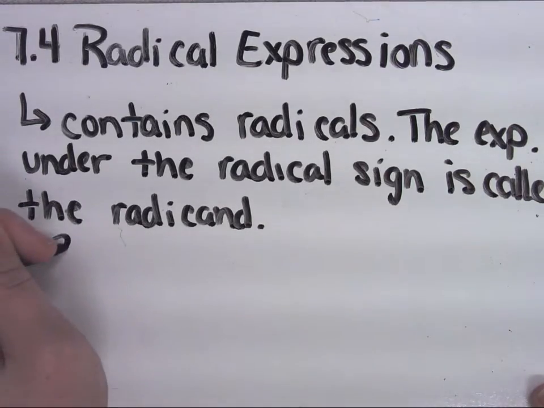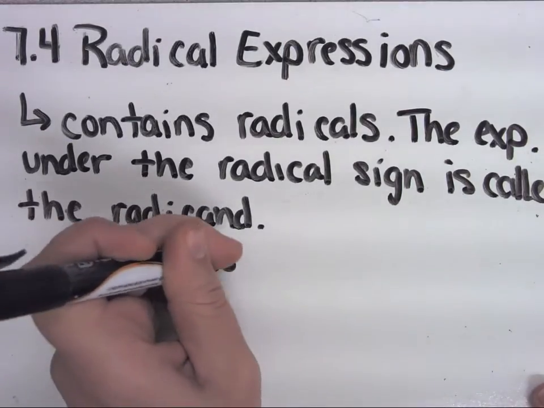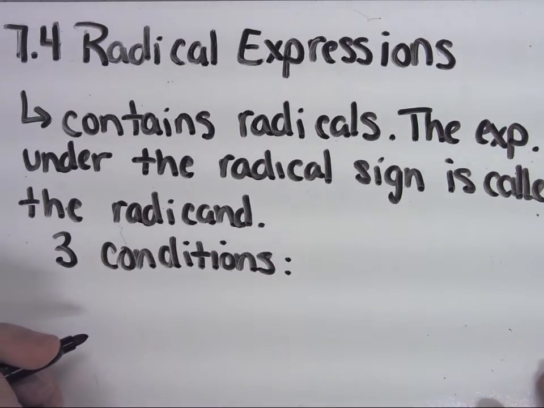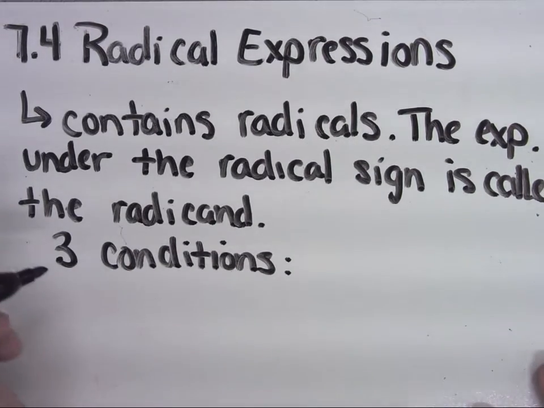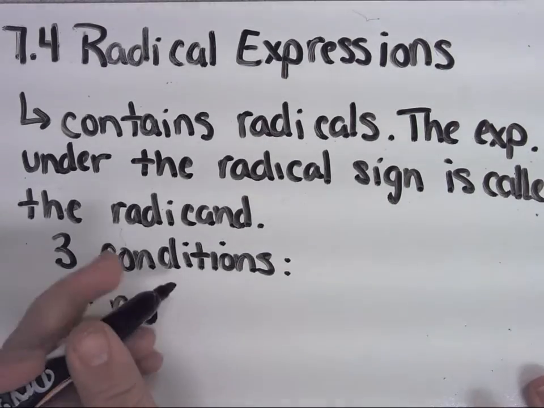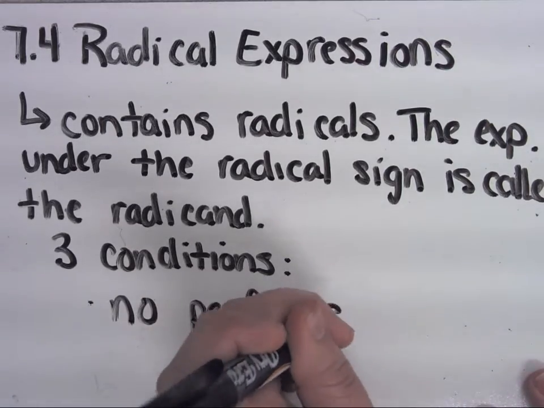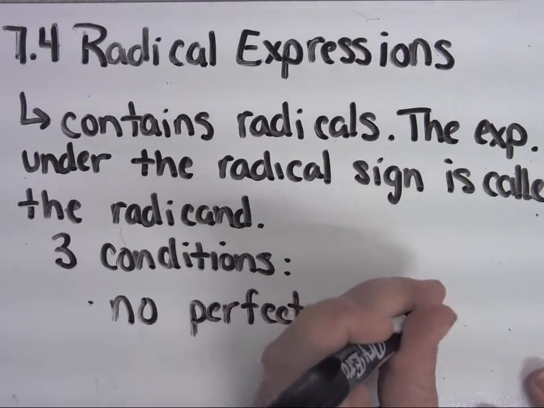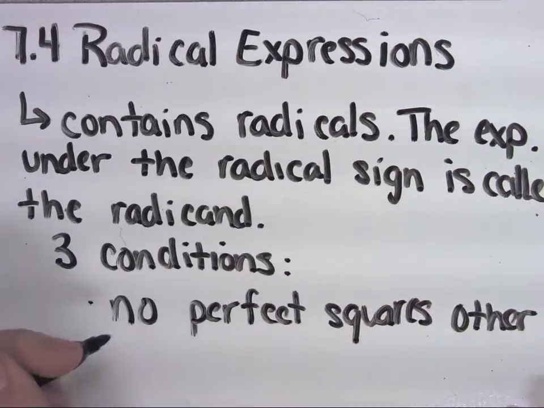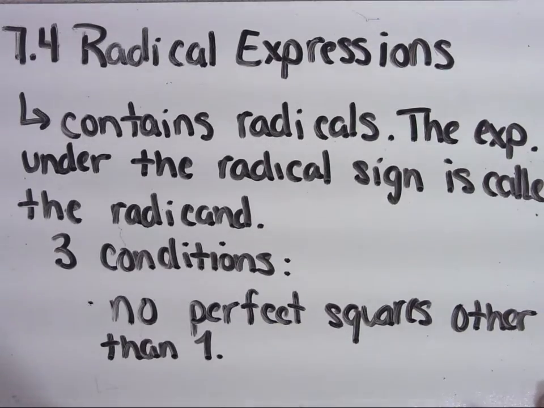They have three conditions they must follow under the radicand. In simplest form, you can have no perfect squares other than one, because we're going to simplify it.